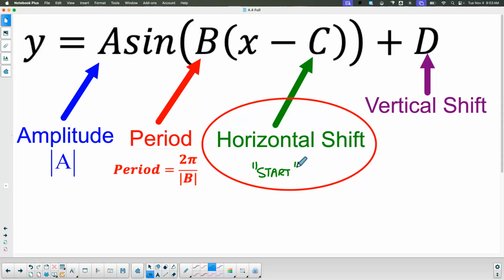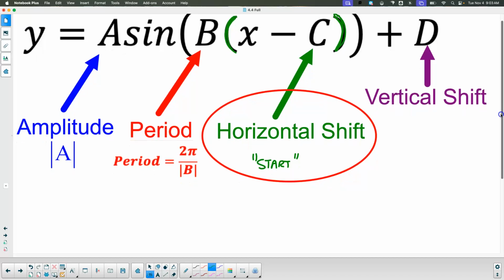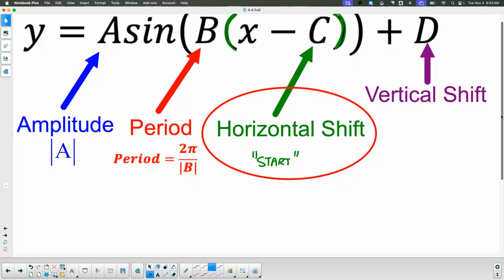Now, I will tell you that because C here is inside a set of parentheses, that gets that goofy mathematical thing where you need to think opposite of the look.